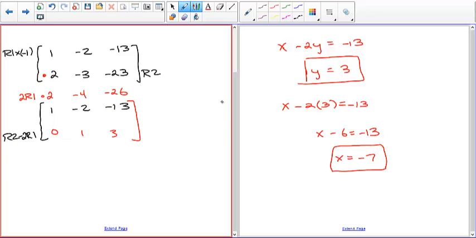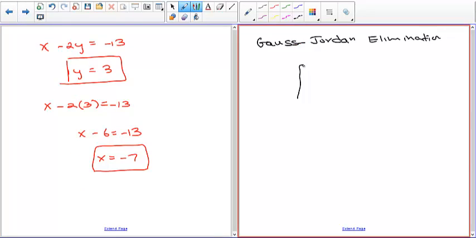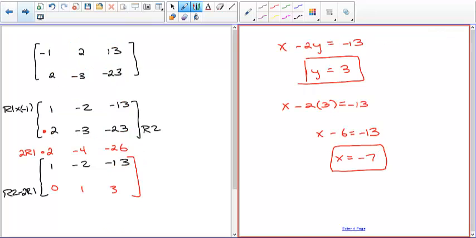What I'd expect you to do on the test is to show this back substitution process. Let's just go ahead and write it out again. So I'm going to take this matrix, which is the one that results from Gaussian elimination.